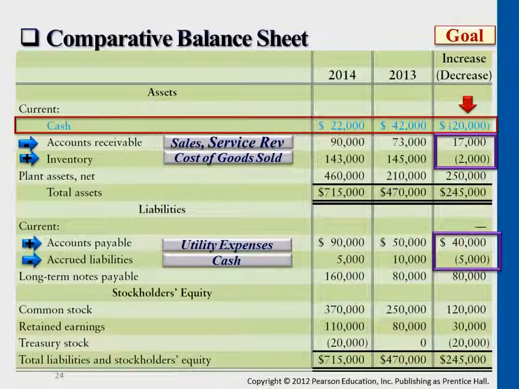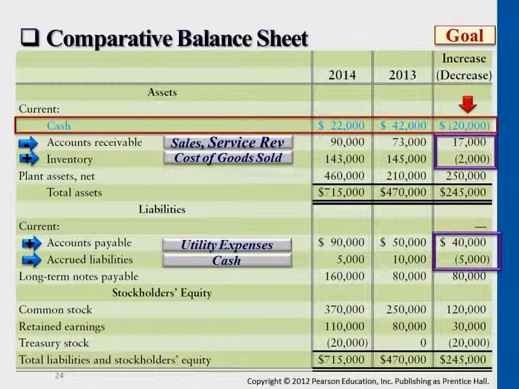Okay, accrued liabilities. Last year is $10,000. This year is $5,000. So the difference is a $5,000 current liability decrease. Basically means you use up the cash to pay off the liabilities. That's why your liability account reduced.